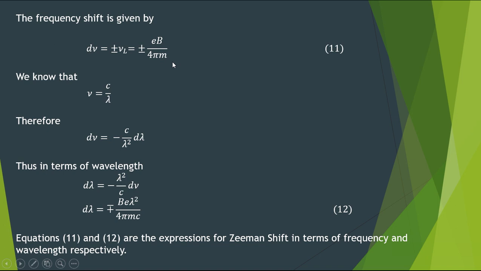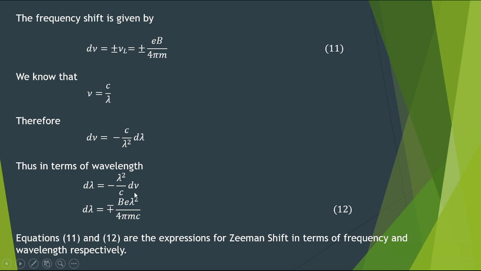To represent the Zeeman shift in terms of wavelength, we'll write this equation nu is equal to c by lambda, where c is the velocity of light in free space. Differentiating this expression, we have d nu is equal to minus c by lambda square into d lambda, or d lambda is equal to minus lambda square by c into d nu.